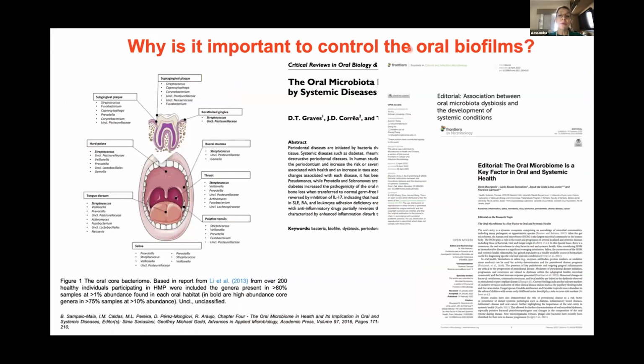Before we talk about antimicrobial photodynamic therapy, it's important to emphasize that we needed to control the oral microbiome. This is important not just for oral health, but for systemic health.